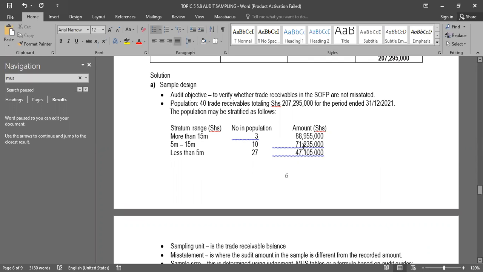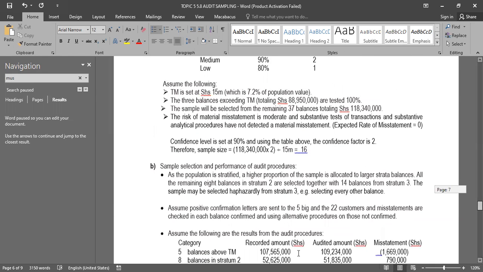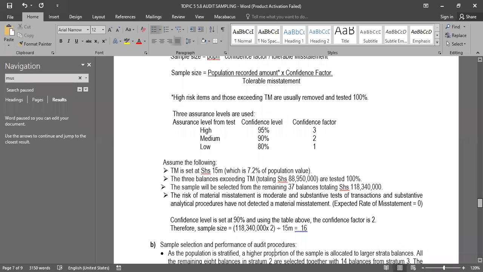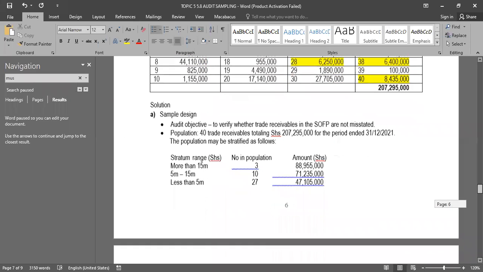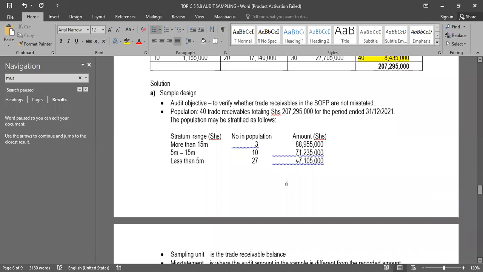However, because some items have higher value, for judgment purposes and being objective, we shall always consider the ones that have high value. We shall always have to include them in the sample until at least we have no more. So the 10 will make part of the sample because the sample wants how many? 16. So the 10 must make part of the sample, and the reason is clear: the 10 is worth 71 million.